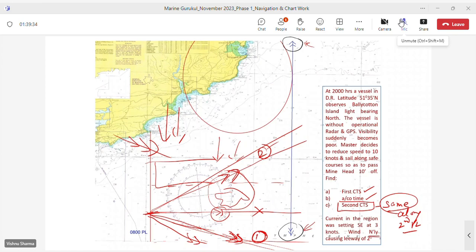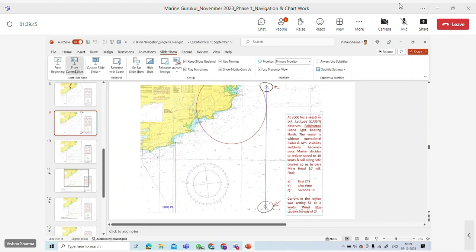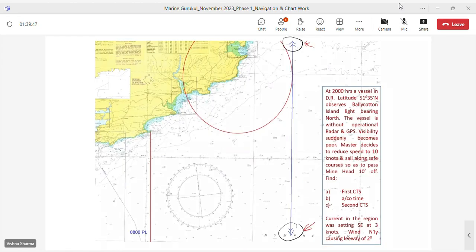So now let me take this DR, instead of 35, a little up and do it for you so that it's clear. Let us say here is the DR of the vessel, latitude. And here there is some problem, some island or something.